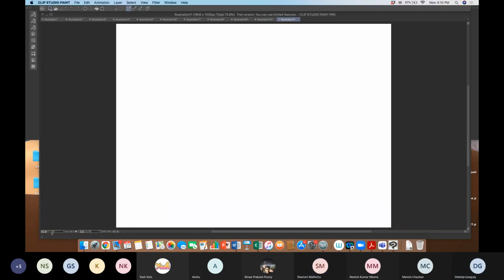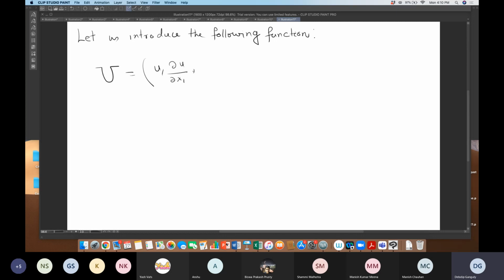Let us introduce the following function. The components of capital U are u, del u by del x1, all possible up to del u by del xn, del square u by del xn square, all possible up to del k minus 1 u by del xn k minus 1.